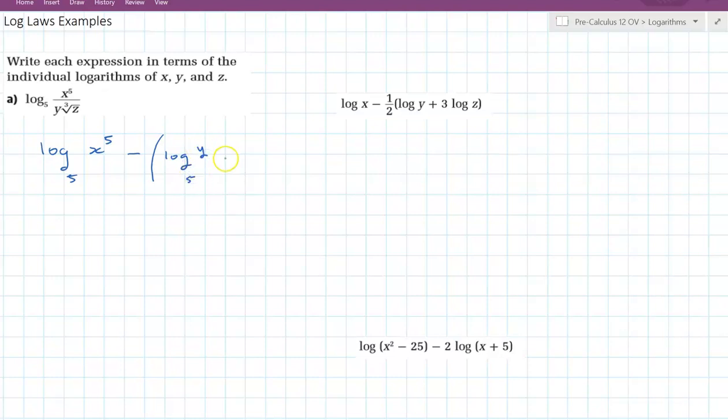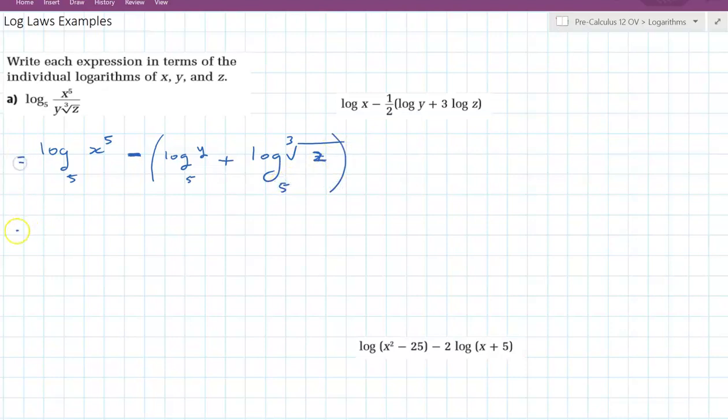And again, because you put the minus outside and these two are multiplication, that means it has to be inside a bracket. They have to add. That would be log of cube root of z base 5. You close the bracket.